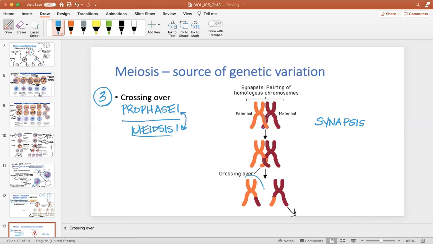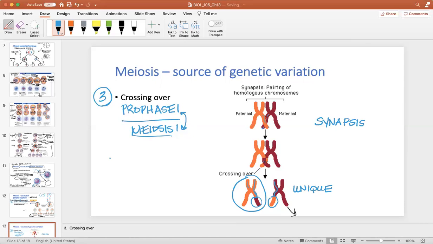So now this is a new unique combination. You can see here that all of these were dad's genes, but now we have a chromosome that's mostly dad and partly mom. And on this side, we have a chromosome that's mostly mom and partly dad. So this is now a unique combination as well.